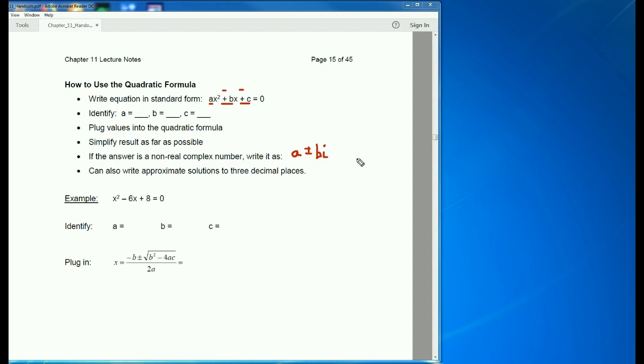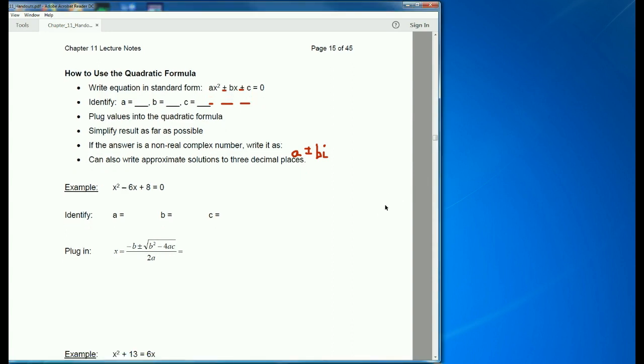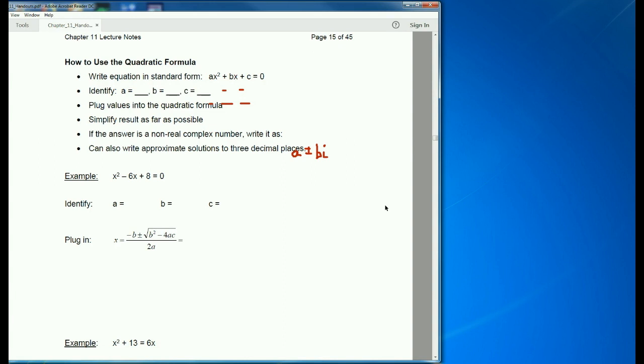Or, equivalently, you could write the two separately, a plus bi, a minus bi. And depending on what the question asks for, you can also write approximate solutions to 3 decimal places. Okay. All right, so let's go through an example. Let me just see, do I have anything else on this page? Oh, I do. I have another example. Okay.